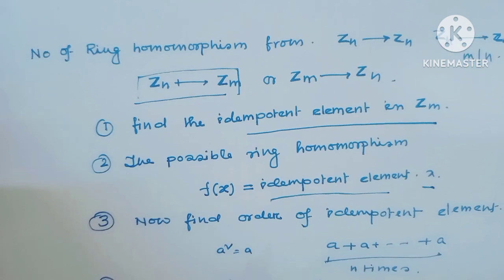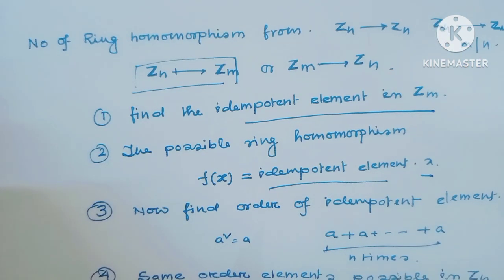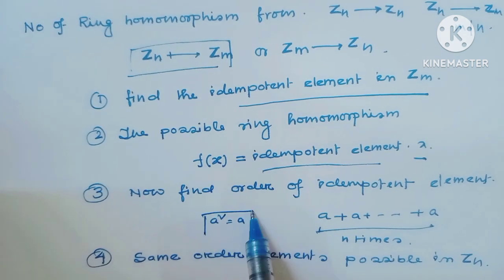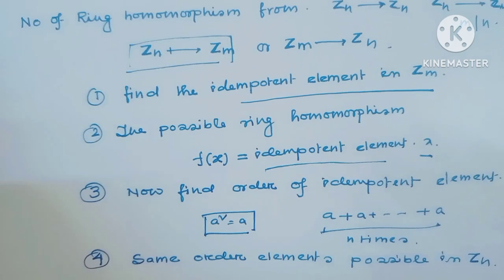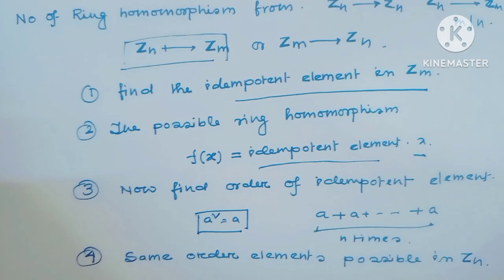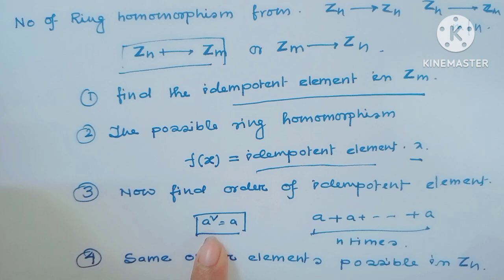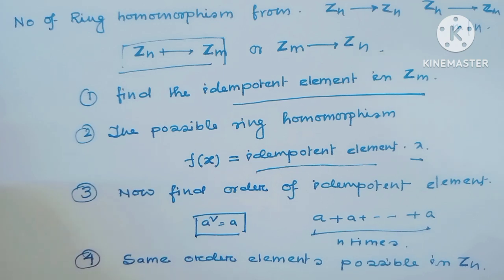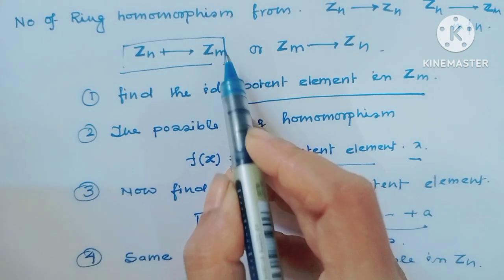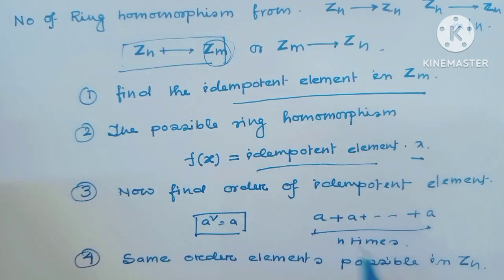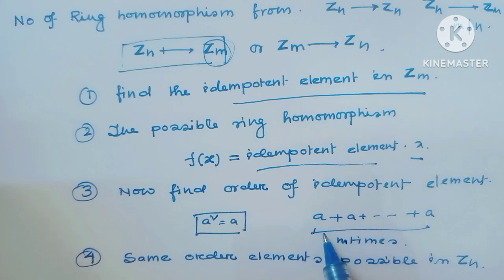Now find the order of the idempotent element. An idempotent element means a square equals a, a squared equals a. And the order of an idempotent element a in Zm means a plus a, added m times, and this m is the order.